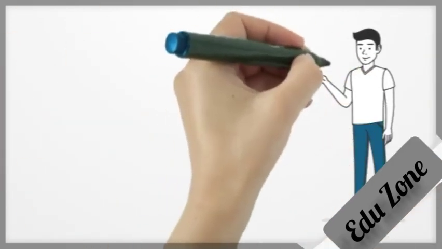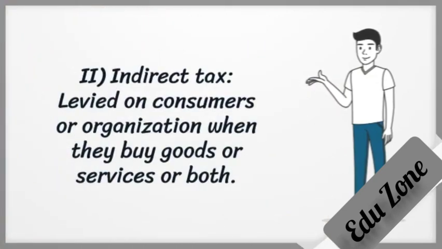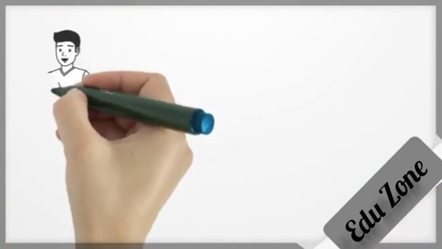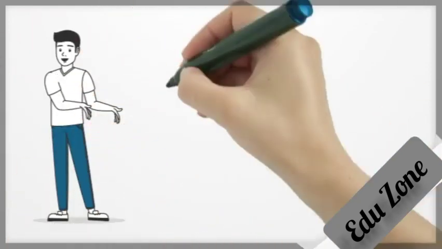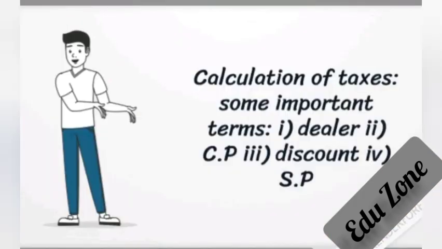When any customer pays money, it gives some percentage of it to the government, be it a state government or the central government. So these were the two types of taxes.